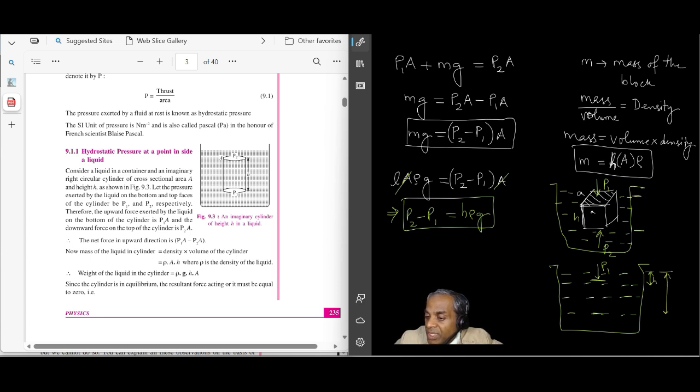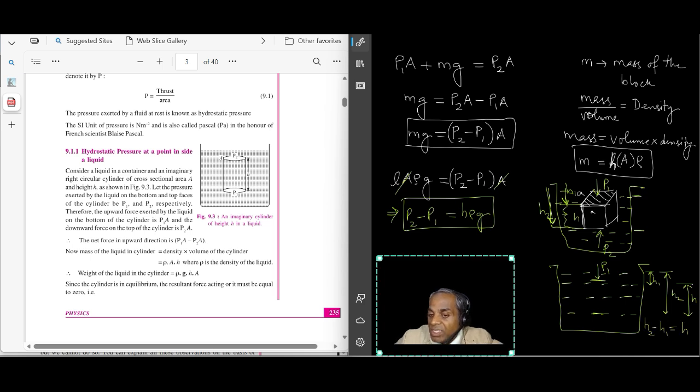Let us say this depth is H1, this depth is H2. The difference between these 2 points is our height H. This is H1 below the surface, this is H2 below the surface, and H2 minus H1 is this length, which is H. So for clarity, H2 minus H1 is H. So the difference of pressure at the bottom point and at the top point, which are separated by a height H, is equal to H rho g.